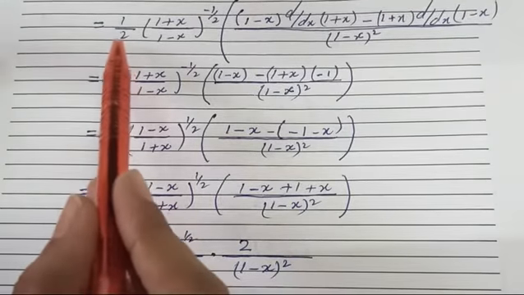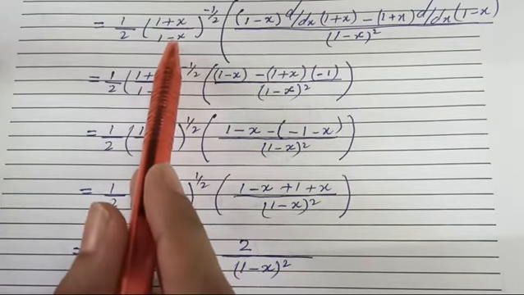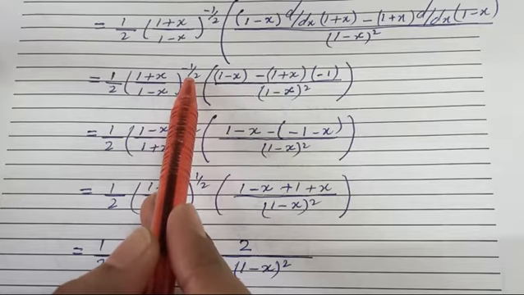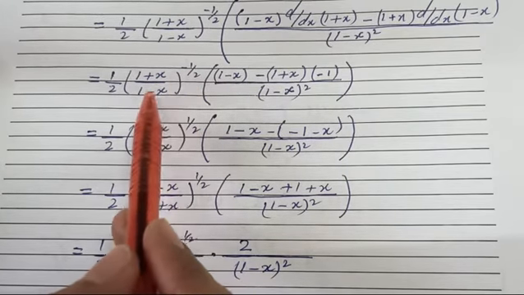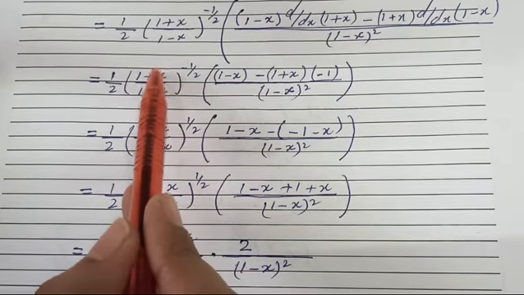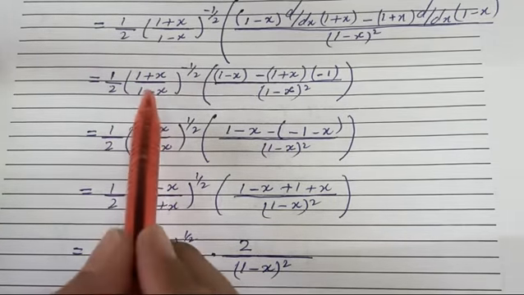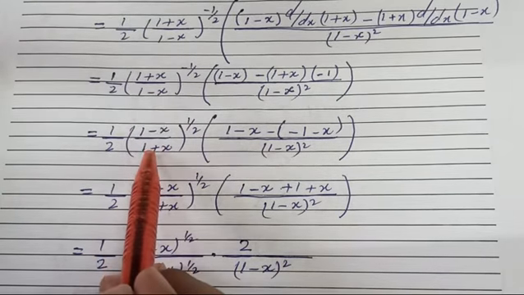Further simplification: 1 by 2 as it is, (1 plus x over 1 minus x) whole power minus 1 by 2, as it is. We make this minus 1 by 2 plus 1 by 2 when we reverse these two; the numerator comes in the denominator and the denominator comes in the numerator. Like in this step, 1 minus x is written in the numerator and 1 plus x in the denominator. What is its effect?